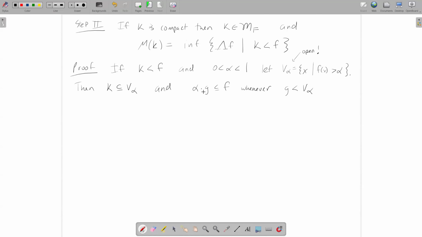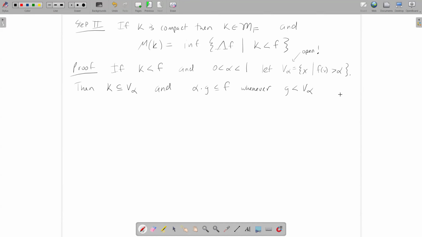And alpha times g, right? Remember, g here is between 0 and 1. So this is guaranteed to be less than or equal to alpha all the time, and f is greater than alpha, okay? According to this, okay?